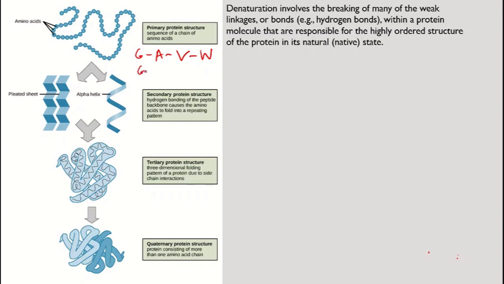Let's say glycine, alanine, tryptophan. These two different strands of amino acids are very similar because alanine and valine are very similar.